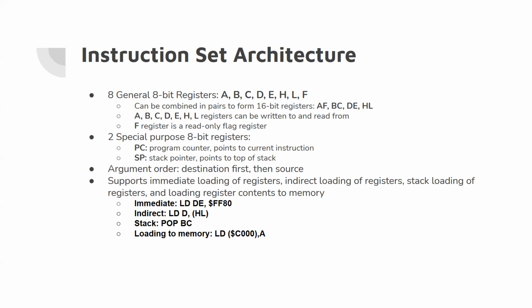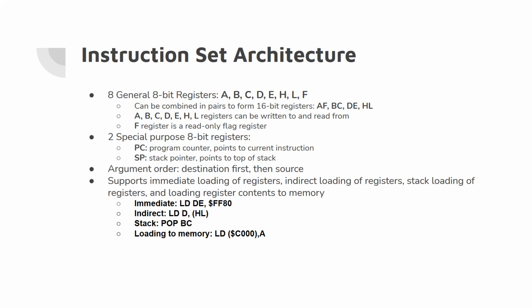In this example, I'm storing the hex value FF80, which represents a memory address, but I'm just storing FF80 directly into DE. I'm not accessing any memory at that location. I'm just storing FF80 into the register pair DE for immediate loading.